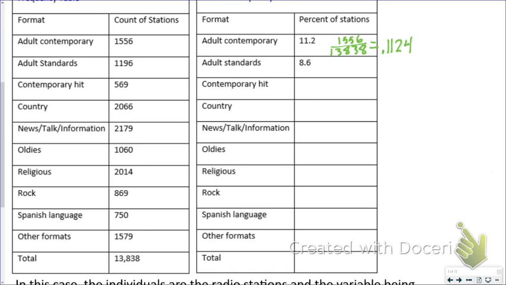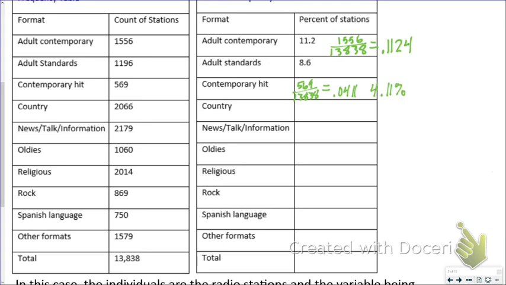But when you're doing the calculations, for example, when you do contemporary hits, I would go 569 divided by 13,838 and get 0.0411, which is 4.11%.